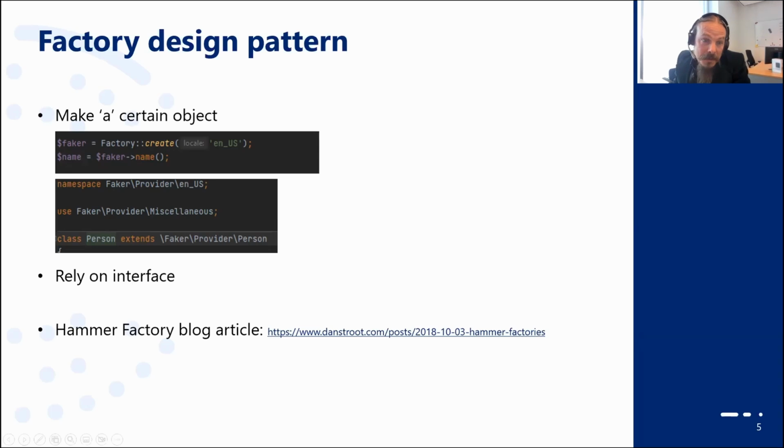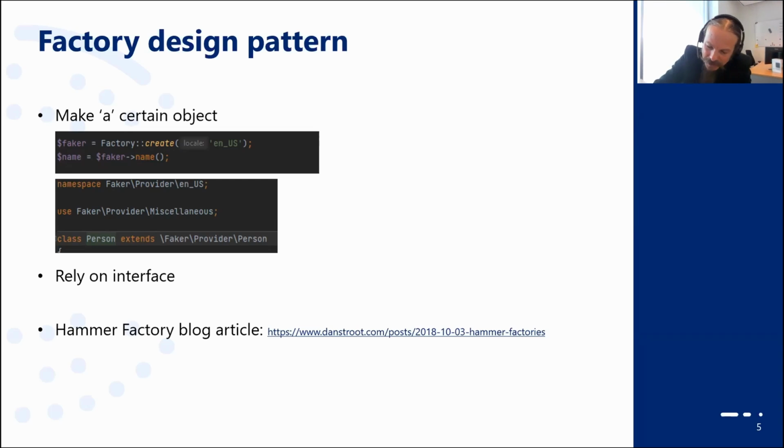And underneath the hood, there will be an English class with properties in English, but I'm not concerned about it because I just get a class and I call upon the methods that I know that are there. So that's my take on a factory design pattern. You can just get a class and you can be certain that some methods are in it.